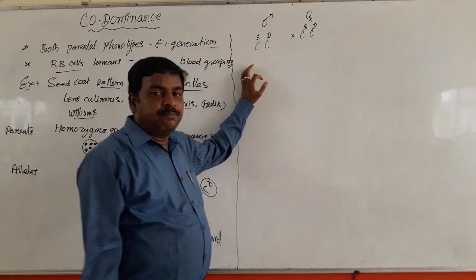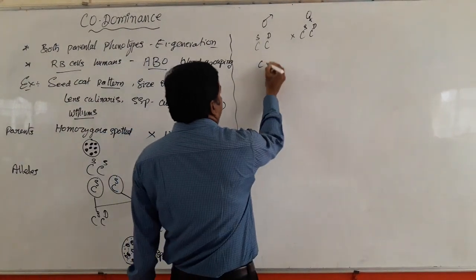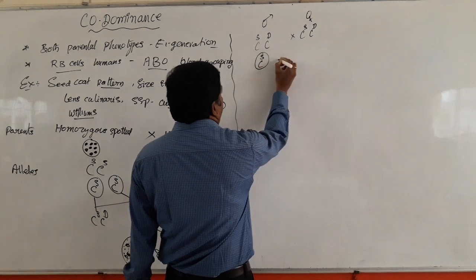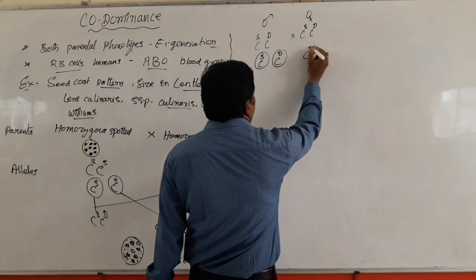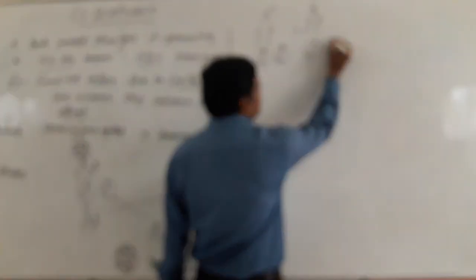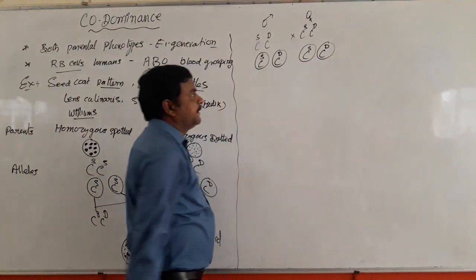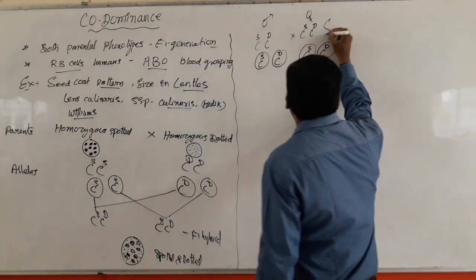These F1 hybrids produce two different kinds of gametes, CS and CD. This plant also produces two types of gametes, CS and CD. So here is selfing.